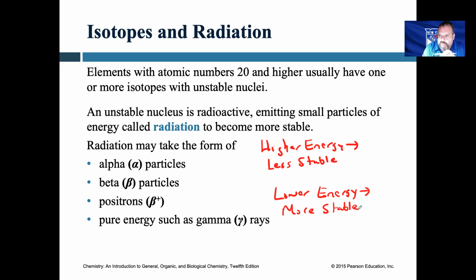That's a common analogy I like to use to explain the usual trend between energy and stability. Now, radiation may take different forms. You could have alpha particles, where alpha is often abbreviated by the Greek symbol for alpha. Beta particles, which are often abbreviated by the Greek symbol for beta. Positrons, which we'll learn are essentially beta particles that have a positive charge, so they're not the same as beta particles.